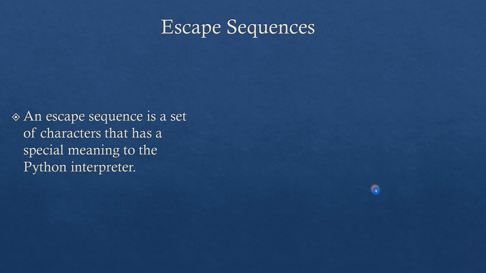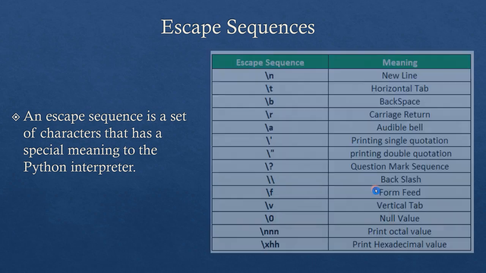So the characters present in this escape sequence will not work normally. It will do some other work which is not normally done. So that is the special meaning. Okay. So for this escape sequence, we are going to use the backslash symbol to convert a normal character into an escape sequence.